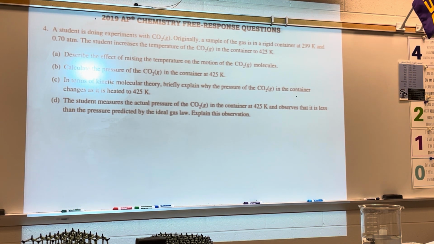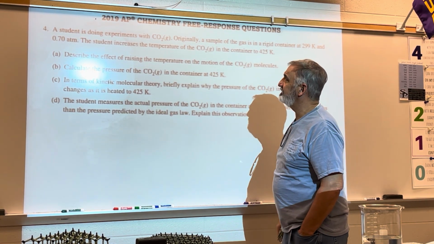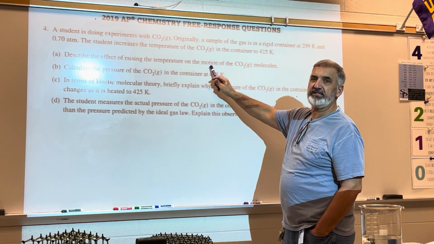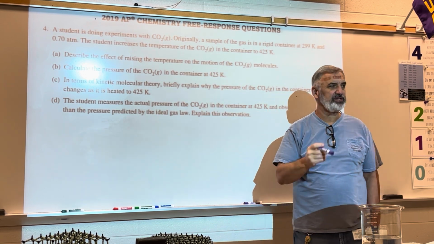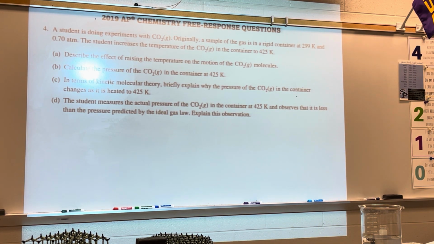All right. So first, we raise the temperature of CO2 from 299 K to 425 K. Describe the effect of raising the temperature. In a simple phrase, what's the answer? Heat them up, speed them up. But in more technical terms, by increasing the temperature, what are you increasing?